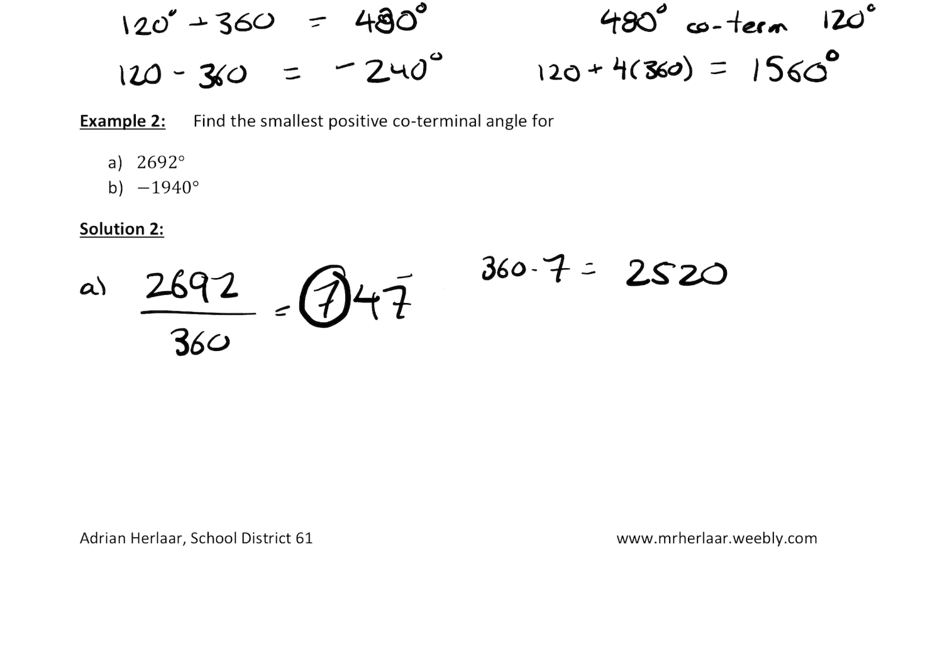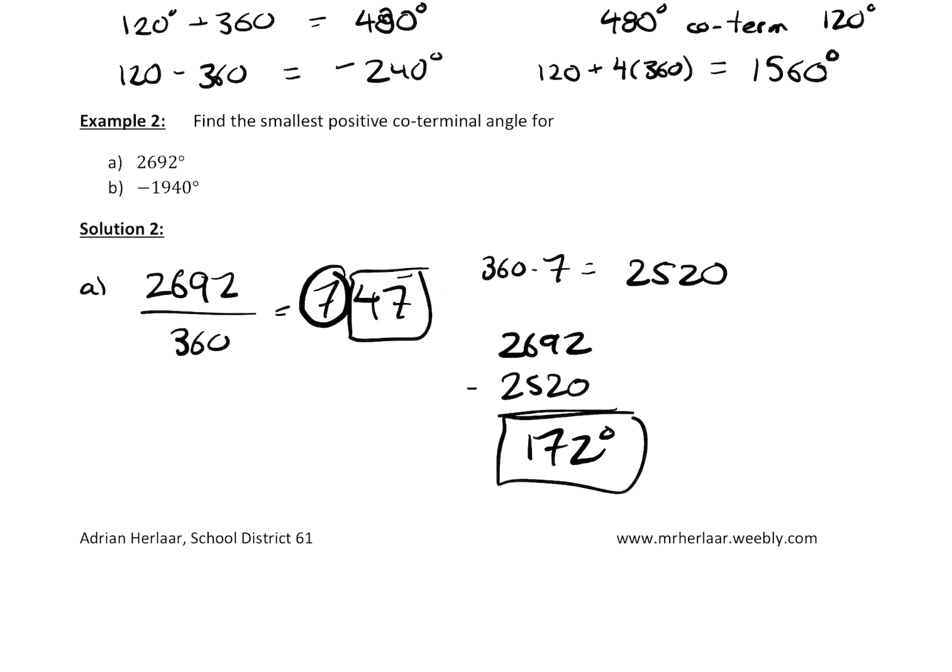So that's your full rotations, and then you'll have your leftover. So go 2692 minus 2520, and you are left with the leftover, the 172. So that's the smallest coterminal angle.